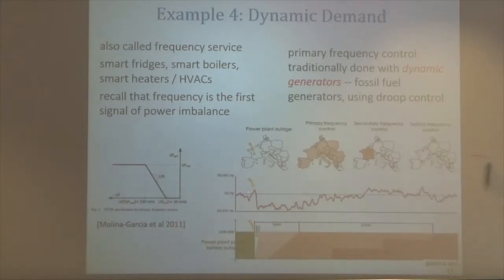Then what happens is the frequency of the continental Europe interconnection, which is shown here. All the systems in all those countries constitute one large synchronous system. The frequency goes down because now there is a power mismatch. The consumption of power is larger than expected, which means that by the frequency going down, all systems in Europe detect this frequency.